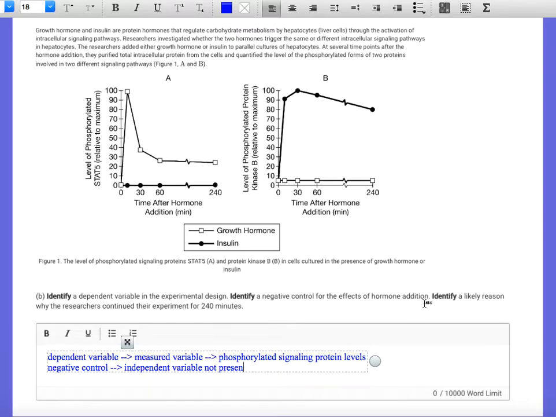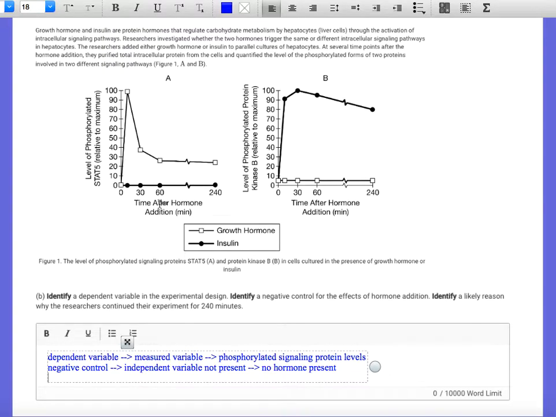In this case, we already were thinking about what the independent variable was, which was the hormone. So your negative control would be no hormone present, because your negative control is just whatever you're measuring is not there. And then identify a likely reason why the researchers continued their experiment for 240 minutes.